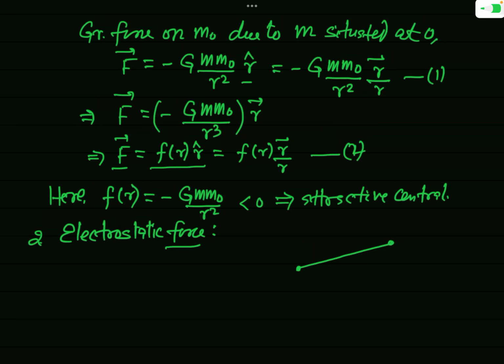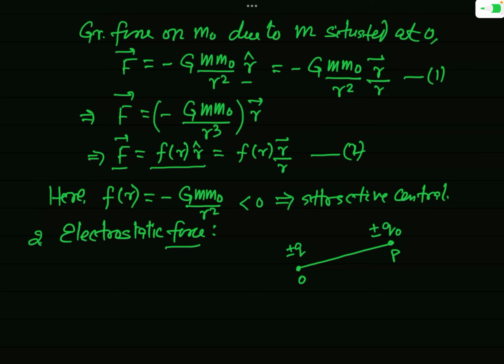So to know it, let us consider at that point P there is a test charge, let us say Q naught, and this test charge may be either plus or minus. And at this point O there is another charge, let us say plus minus q.